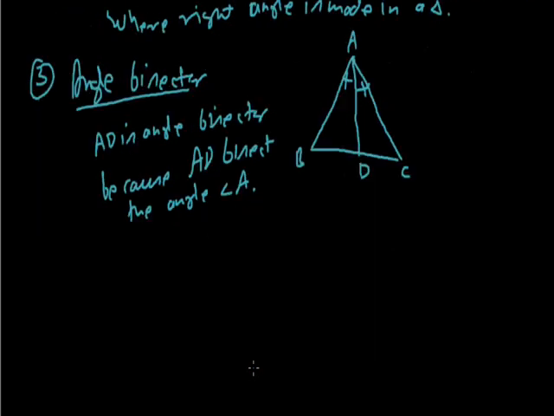Now in a triangle we have three angle bisectors. So there is a triangle ABC.